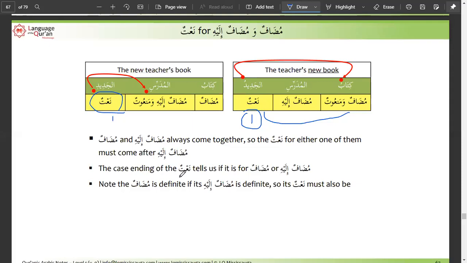The case ending of the naat tells us if it is for the mudaf or the mudaf ilay. The ending of the naat will tell whether it is the naat for the mudarris or for the book.